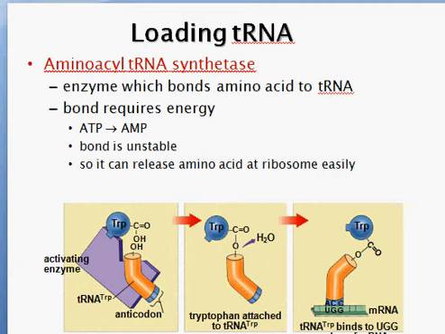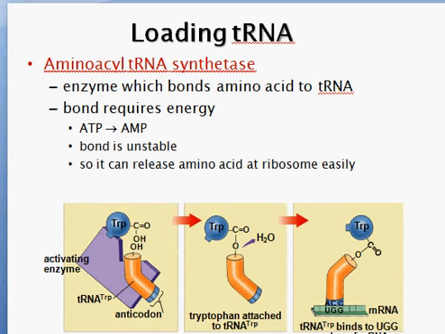So again, to load the transfer RNA with the correct amino acid, there's the need for this enzyme, aminoacyl tRNA synthetase. And that enzyme will bond the amino acid to the transfer RNA. And this requires energy. So ATP is actually required to load the transfer RNA with the amino acid.